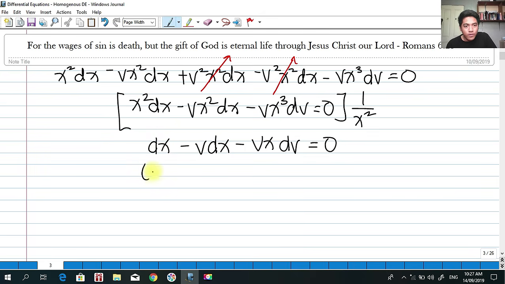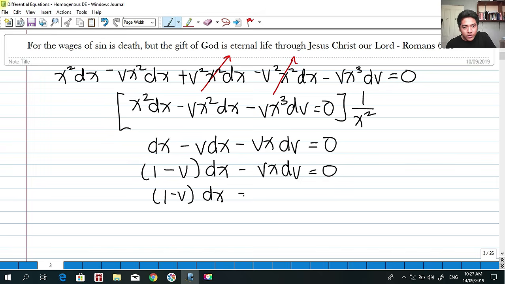So we have (1 minus v) dx minus vx dv is equal to 0. As you can see here, this is a variable separable equation. And if I transpose this to the other side of the equation, this becomes vx dv.